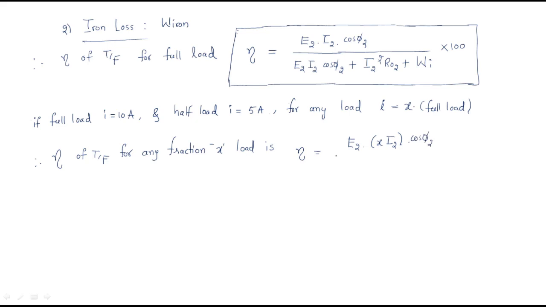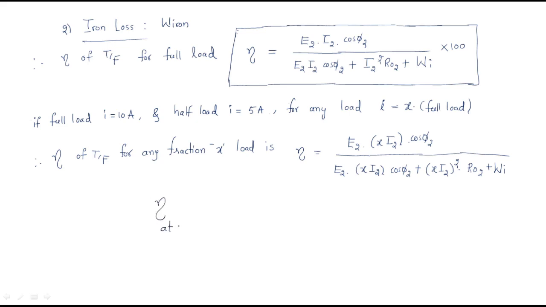In place of I2 you have to write X I2, right? And E2 X I2 cos phi 2 plus X I2 square R02 plus iron loss.